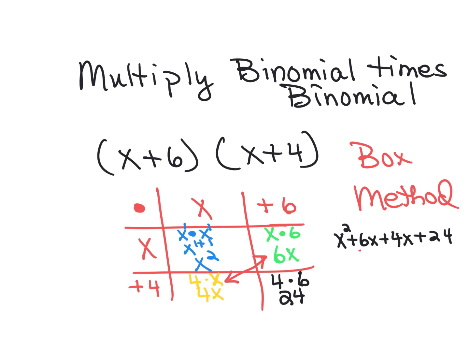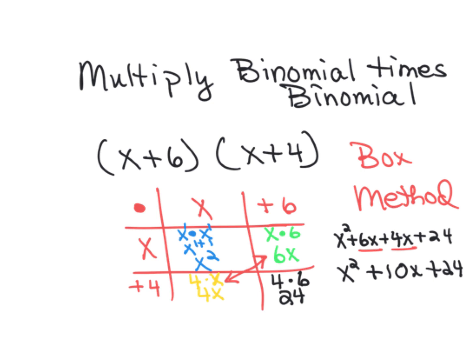So you're going to underline the x's, and you're going to bring down your x squared. We're going to add 6x plus 4x to give us 10x plus 24.